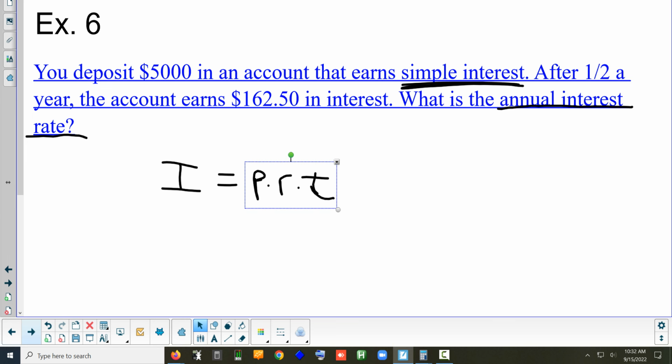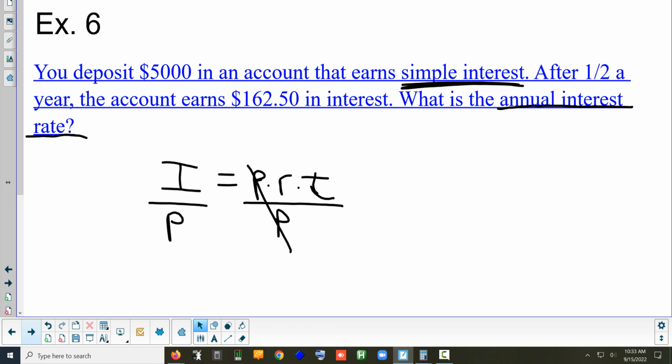Since I've taken the R and multiplied it by P, how would I undo multiplying the R by P to get rid of the P? And what would you divide by? P. Both sides. Yep, on both sides. So that's gone.